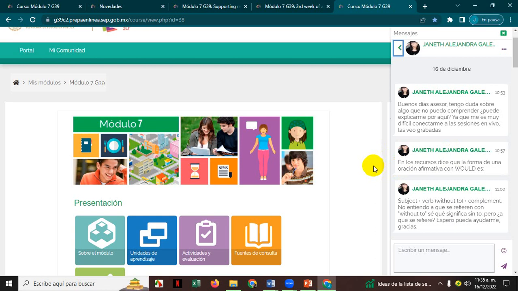En los recursos dice que la estructura de una oración afirmativa con would es sujeto más verbo without to, complemento. No entiendo a qué se refiere con without to. Significa sin to, pero ¿a qué se refiere? Espero pueda ayudarnos.